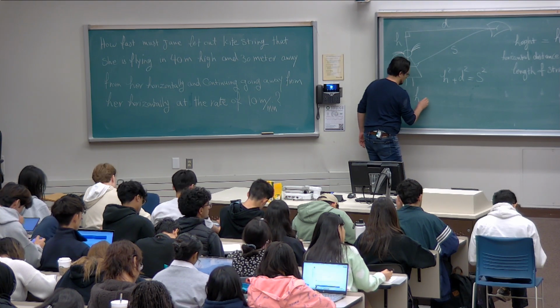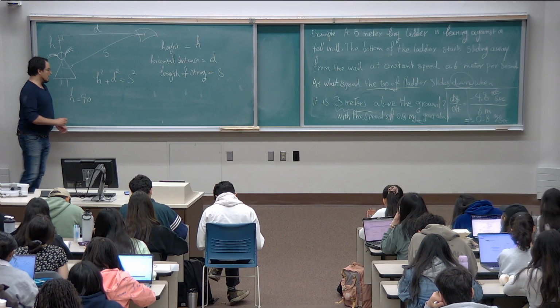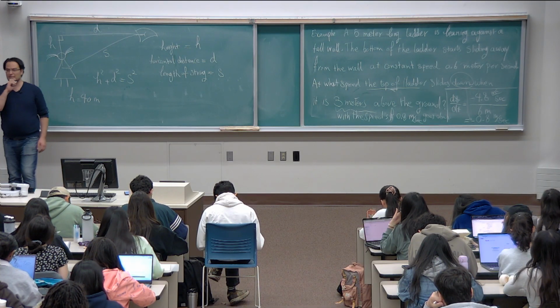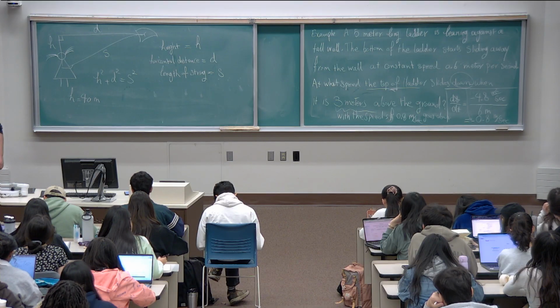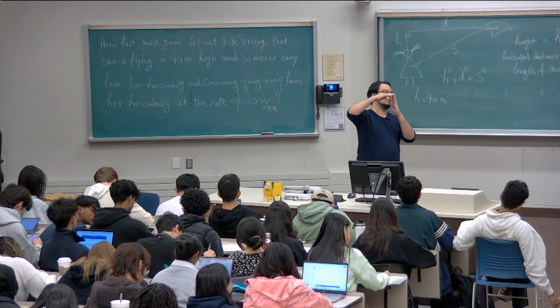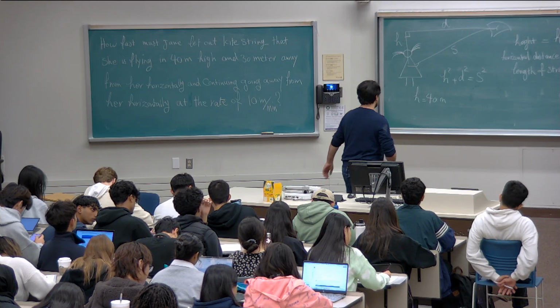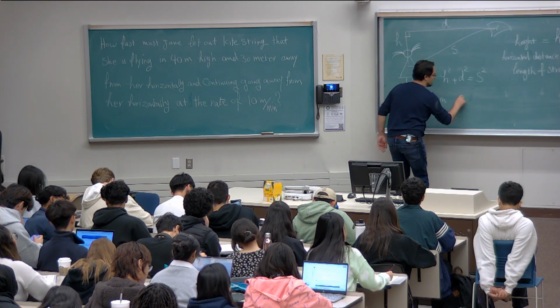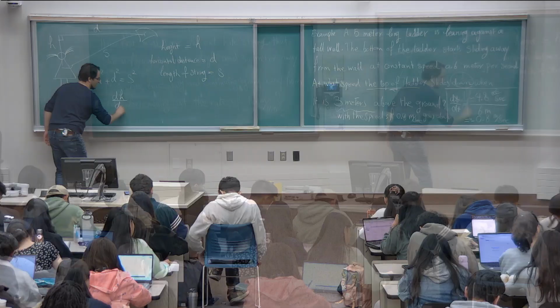So now we can see something here that is going to stay fixed. The problem says that the height is always going to stay the same. That also can be written in terms of the variable.